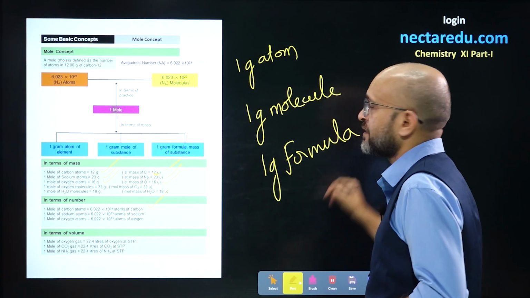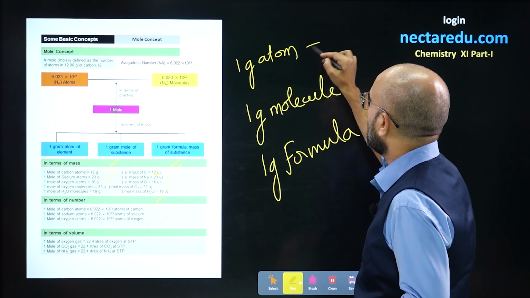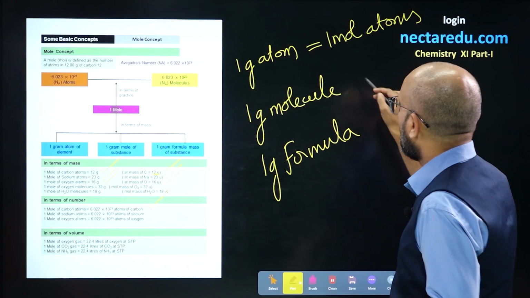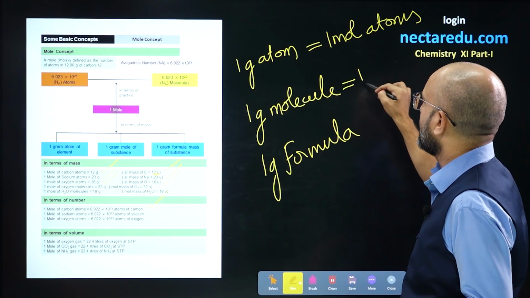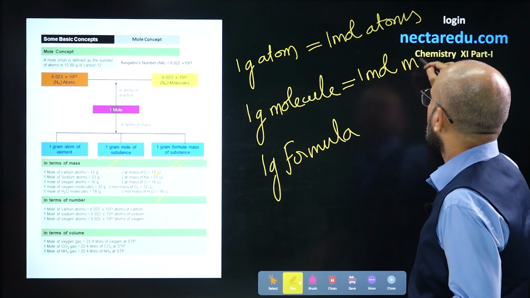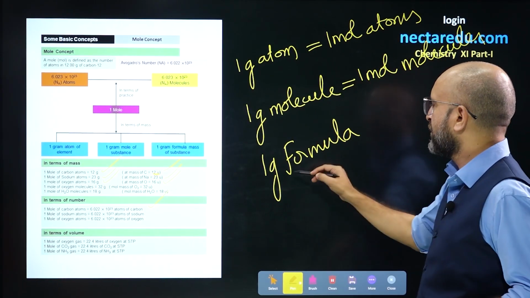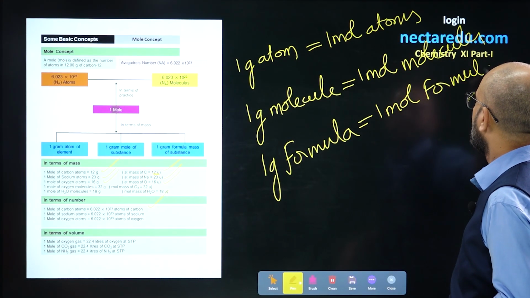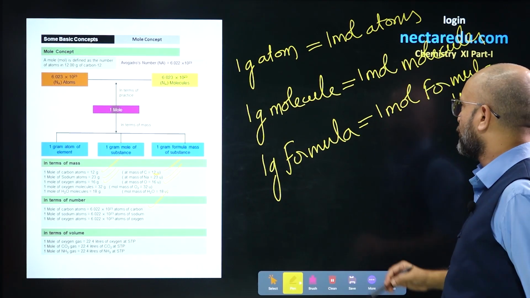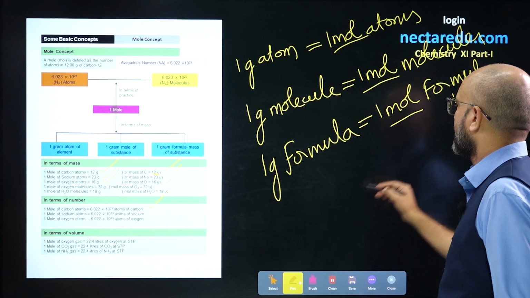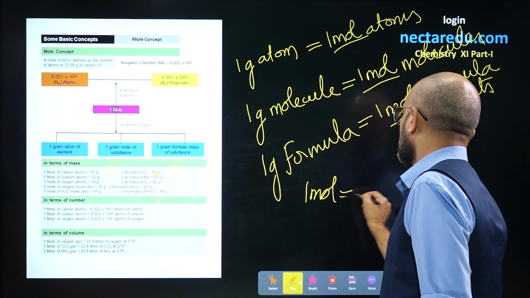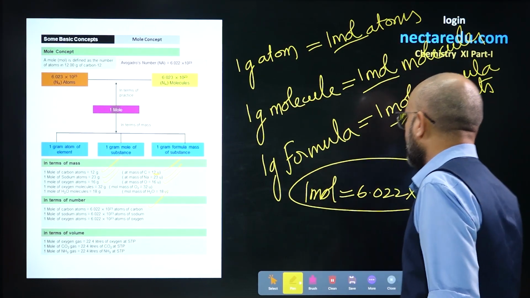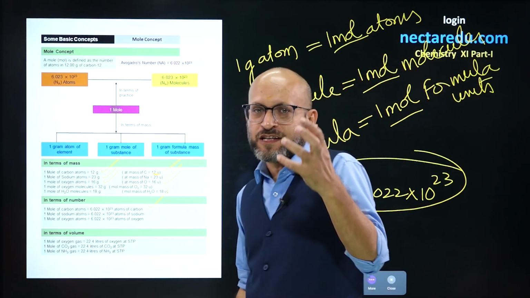What does this mean? 1 gram atom means you are taking 1 mole of atoms. 1 gram molecule means I'm taking 1 mole of molecules. 1 gram formula means I'm taking 1 mole of formula units. And anywhere mole is written, 1 mole will always be equal to 6.022 into 10 to the power 23.